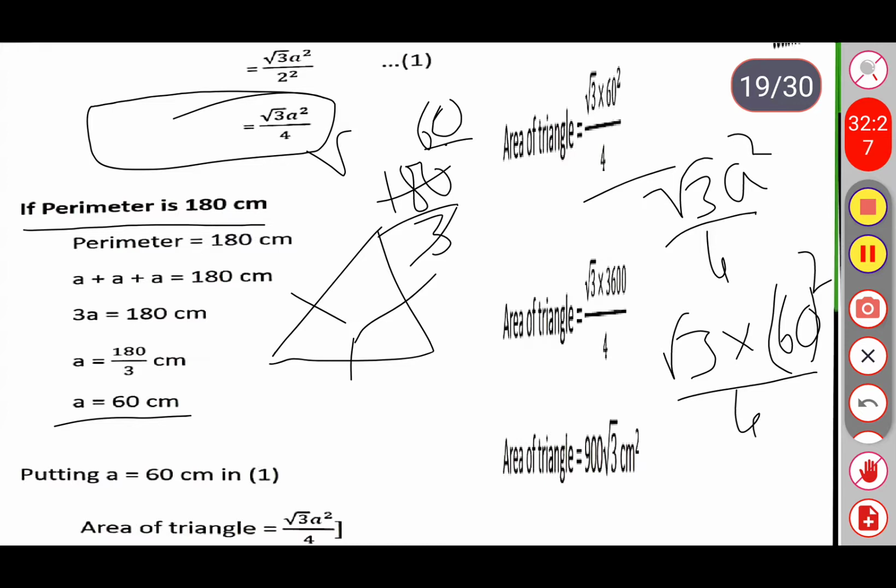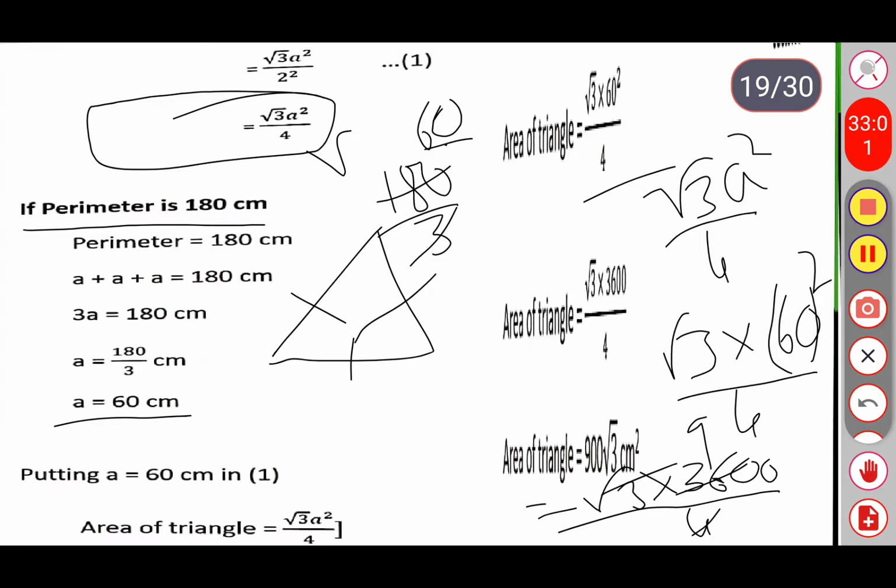Here root 3 into 60 square: 6 square is 36, and the square of the single zero is 00, whole divided by 4. 4 ones are 4, 9s are 900. So 900 root 3 is the area of an equilateral triangle. Okay, so the total area of the triangle is 900 root 3 centimeter square.